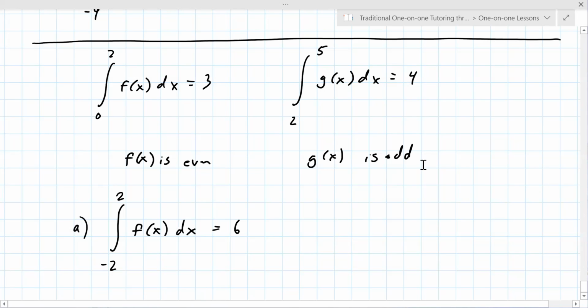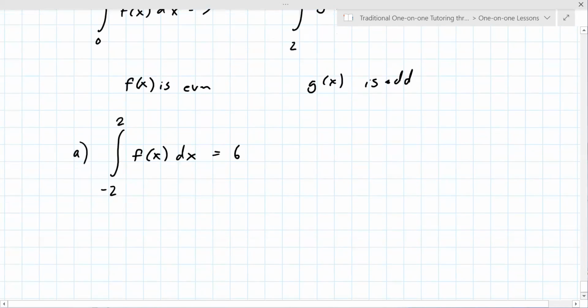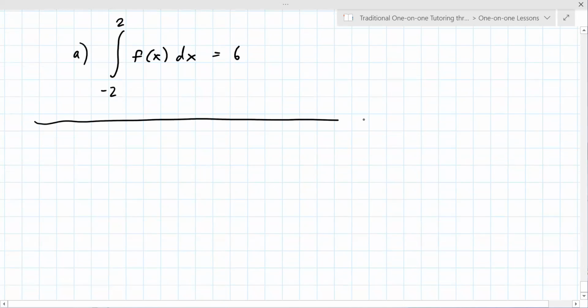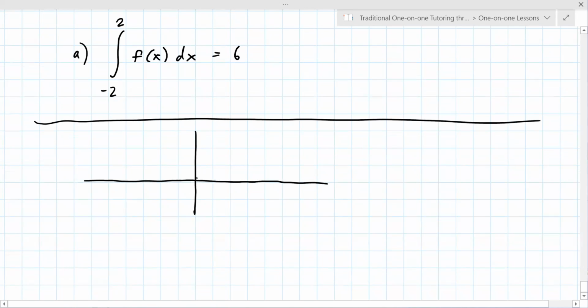So let's go back to sine and cosine. If you look at the graph of sine x, it comes up, goes down, comes back up, goes down, comes back up. Sine x is odd.